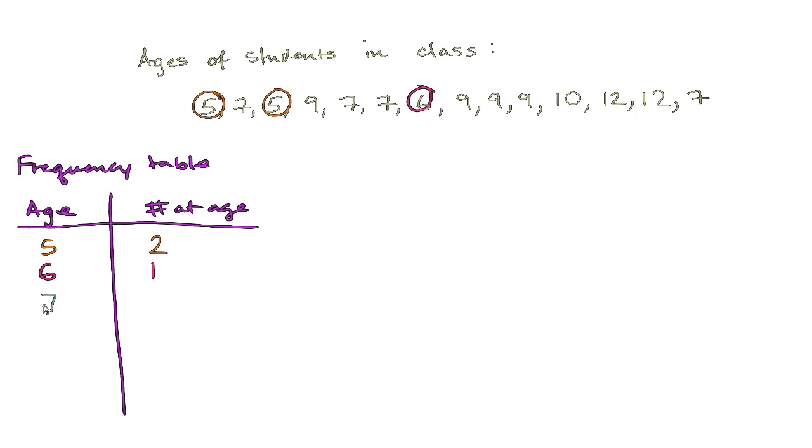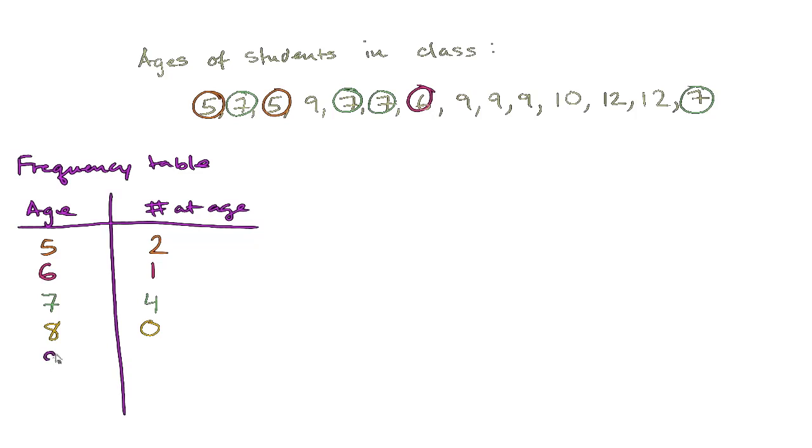All right, 7-year-olds. Let's see, there's 1, 2, 3, 4 7-year-olds. Now, what about 8-year-olds? I'm going to do this in a color that I have not used yet. We have no 8-year-olds. 0 8-year-olds. And then we have 9-year-olds.